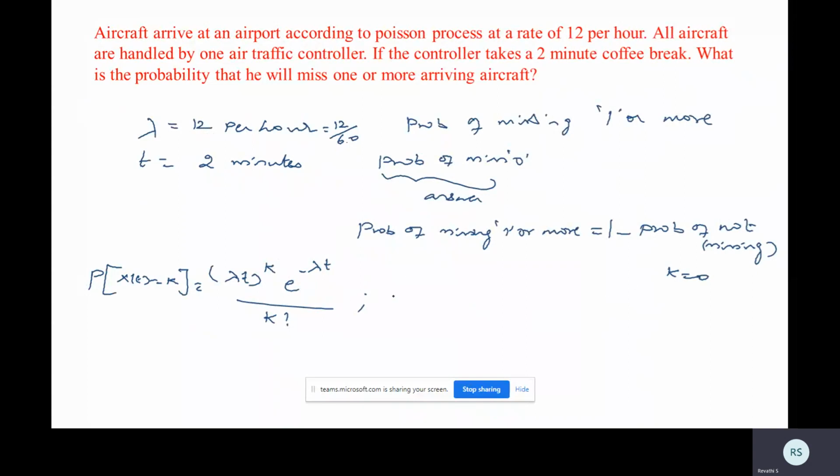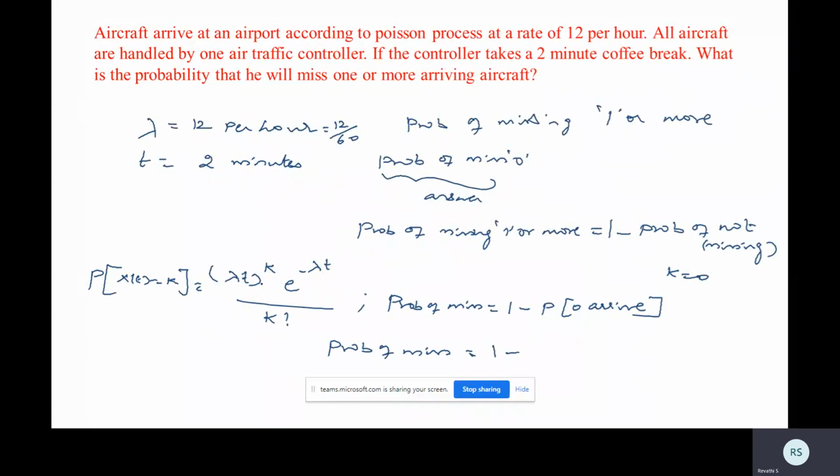So the probability of missing is 1 minus the probability of not missing, that is k equal to 0, zero arrivals. Now put k equal to 0, lambda equal to 12 by 60, and t equal to 2 in this formula. So what is the probability of a miss?